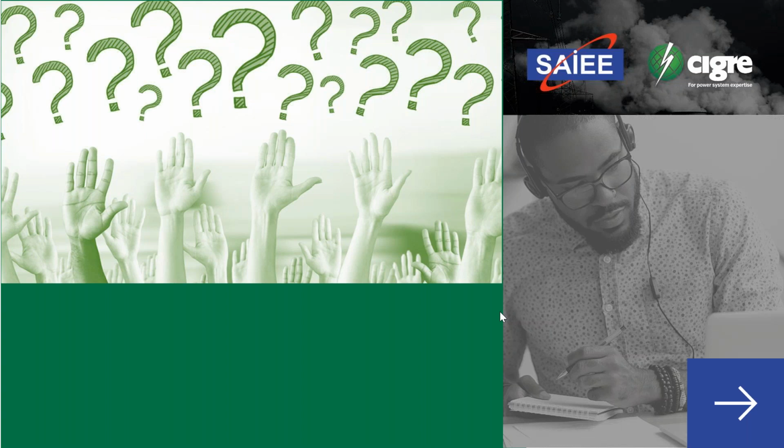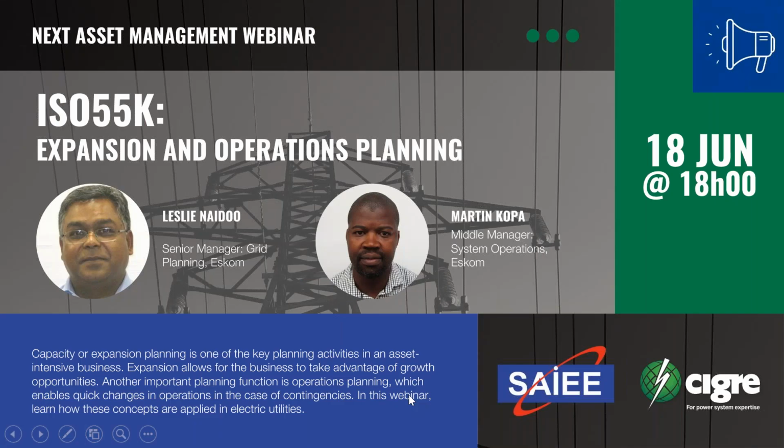Let me ask you finally to join us for our fifth webinar in the series next Thursday at the same time, which continues with the asset planning strategies that are applied. We're going to be tackling two on the same day. One is on expansion planning, planning for growth, and the other is on operations planning.